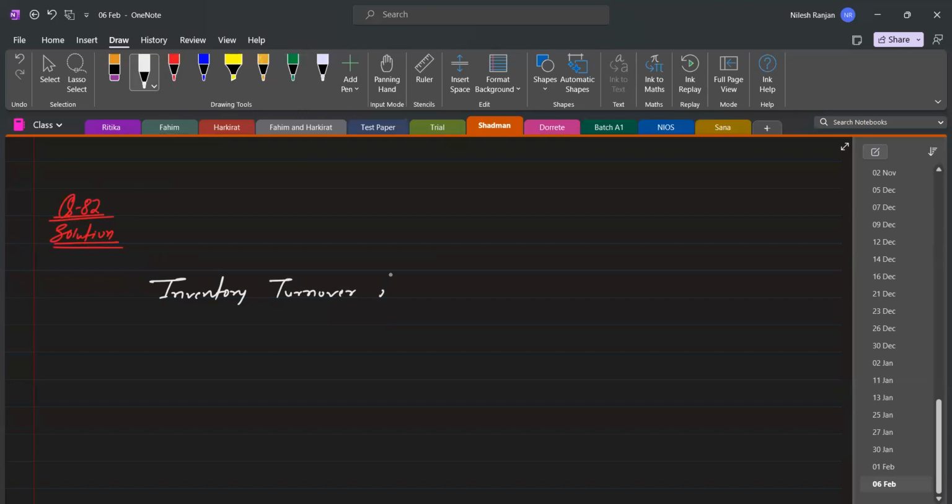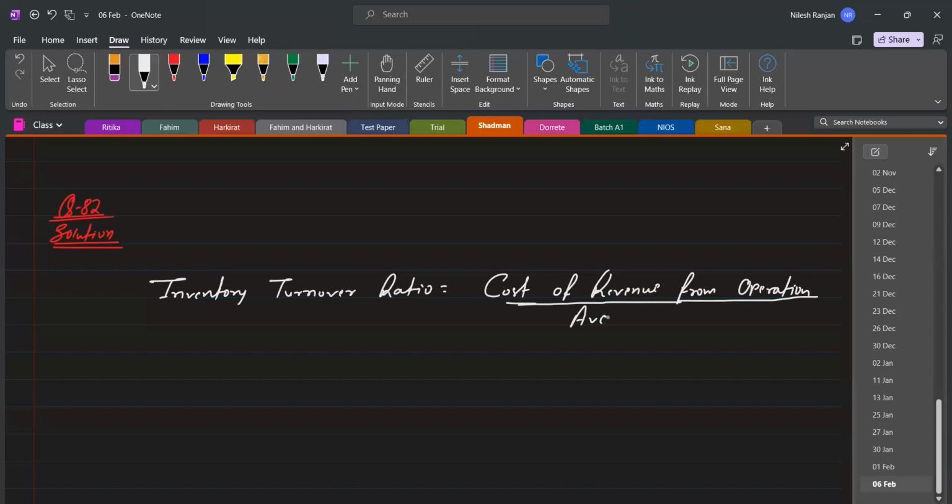If we have to use this ratio, then we need cost of revenue from operation and average inventory.